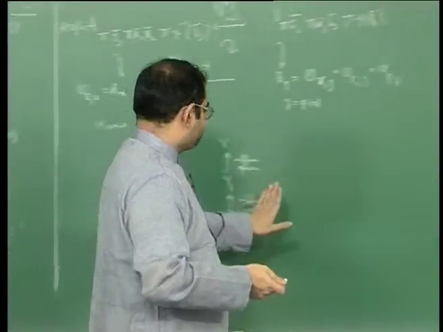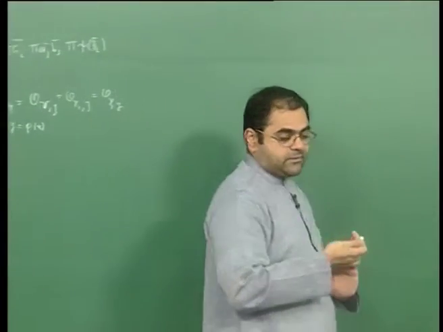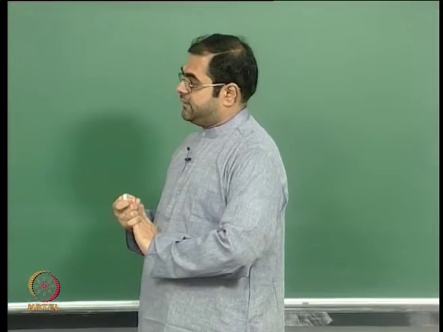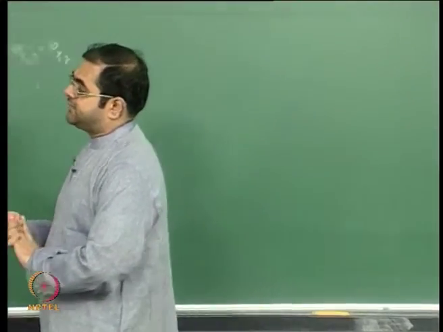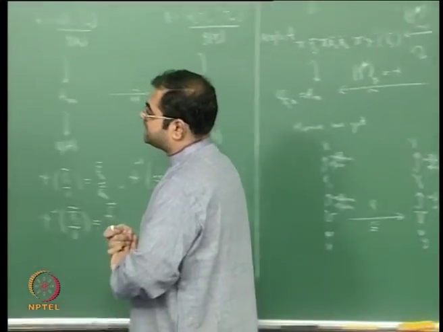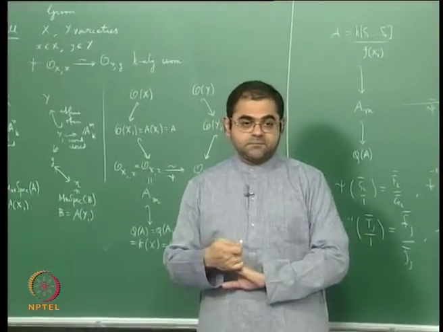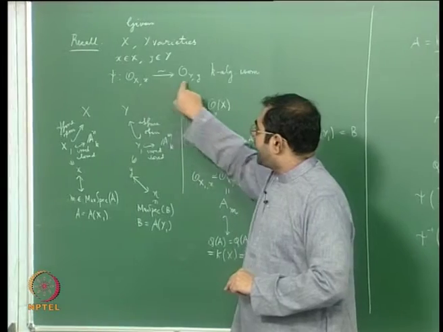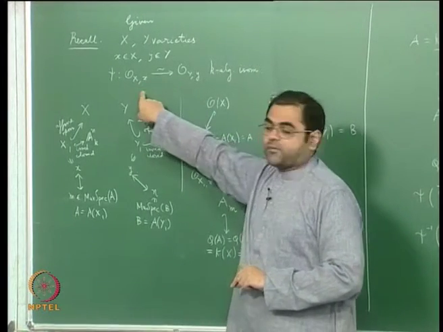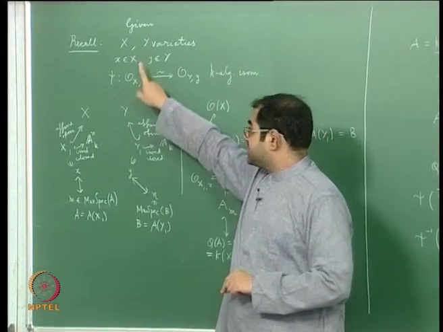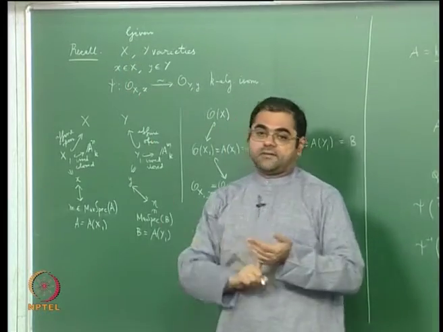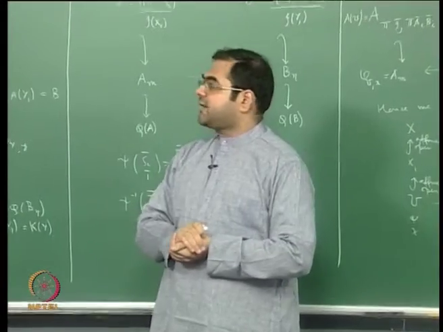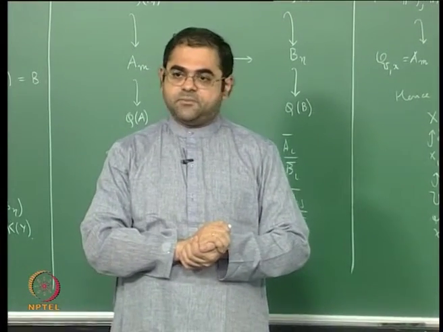So you must also notice that the dimension of the local ring is the same as the dimension of the variety. So the moment the local rings at two given points of two varieties are isomorphic, it means first of all that the varieties have the same dimension, okay. So this will not happen if the varieties do not have the same dimension, okay.